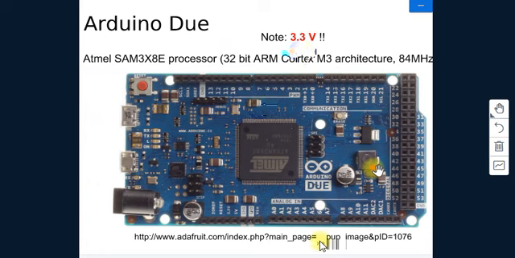This is the sketch of Arduino. You may look at that sketch in your off time. And these are the different pins for Atmega 328.